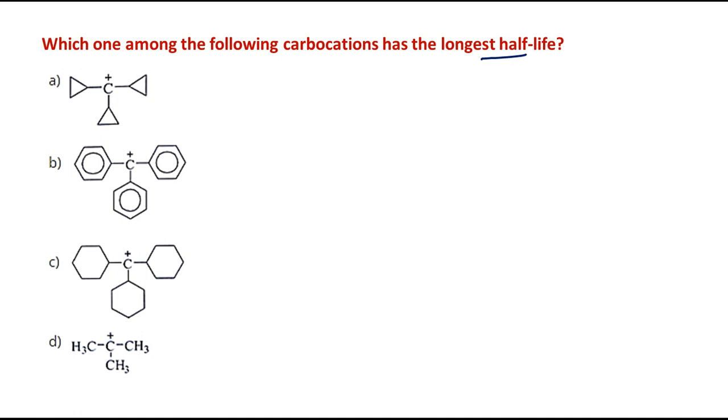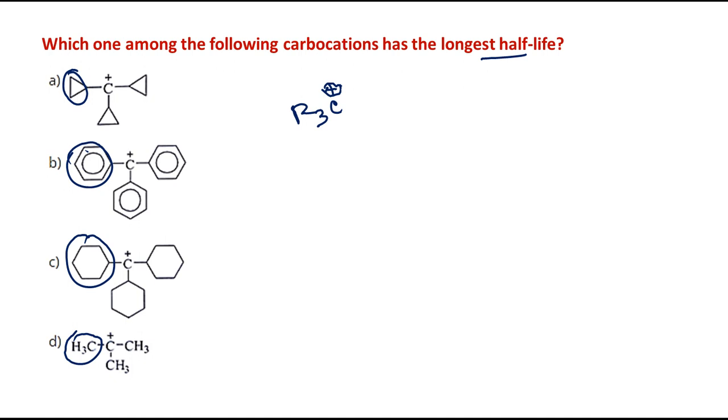If we look at the structures carefully in these 4 options A, B, C, D, you will see the common format is R3C plus, that is 3 similar groups are present. In the first case we have the cyclopropane type of ring, in the second case phenyl, then cyclohexane, and in the last one CH3.